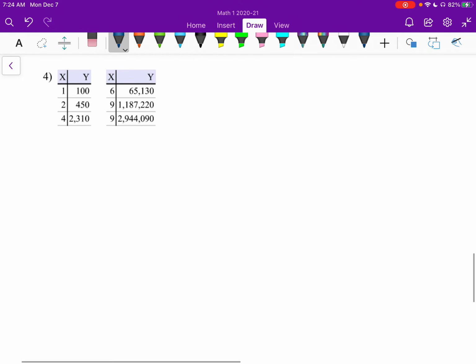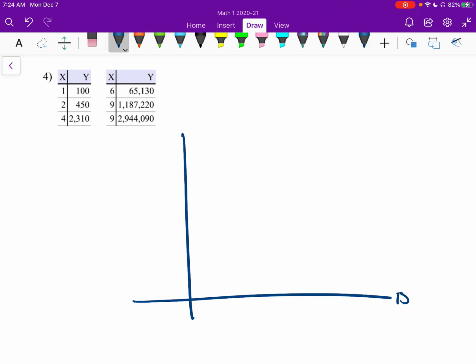All right, number 4. All right, so my x's go from 1 to 9. So let's just tally them all, 1 through 9. 1, 2, 3, 4, 5, 6, 7, 8, 9. All right, so there's my x's.